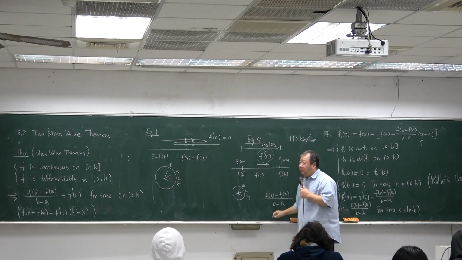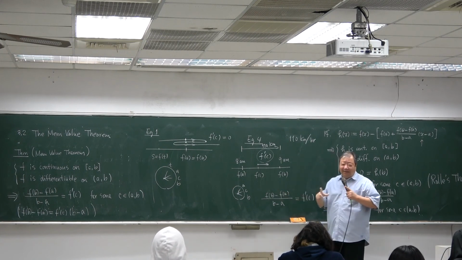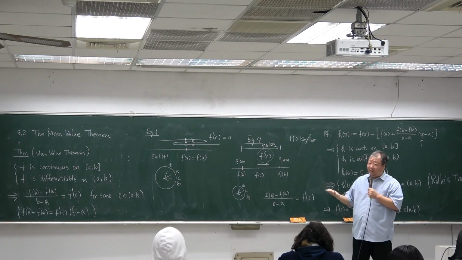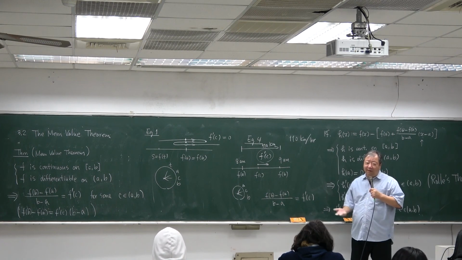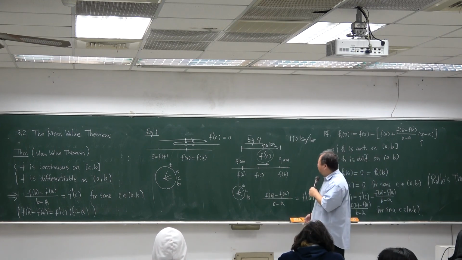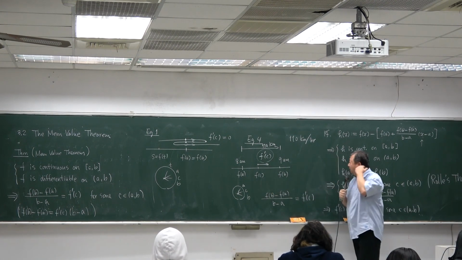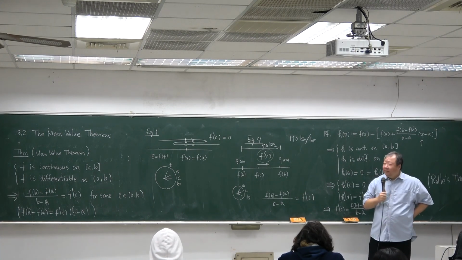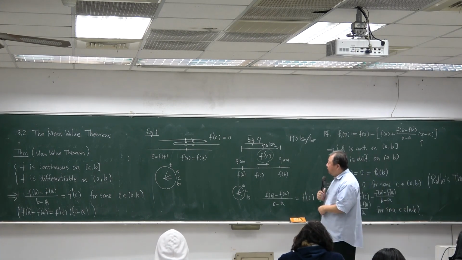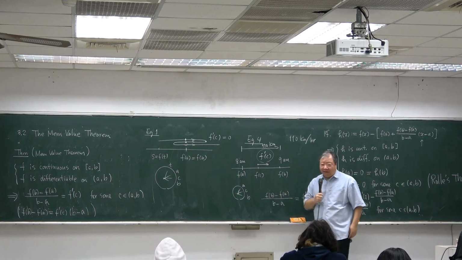If the speed limit is 100, then you will get a ticket or traffic penalty. I don't know how to say that in English. By the mean value theorem, you must have been over the speed limit. So this is also an application of the mean value theorem to the real world.